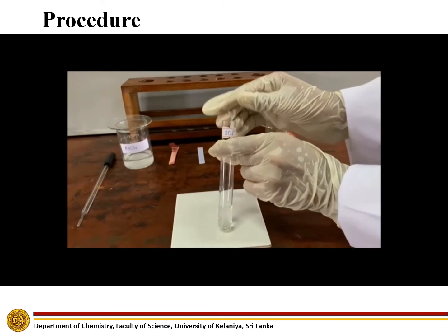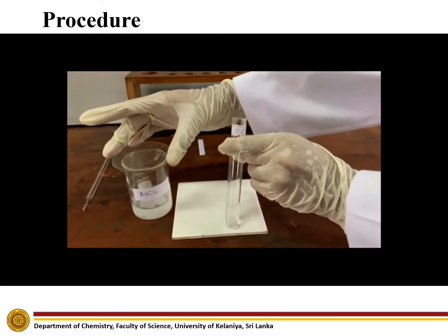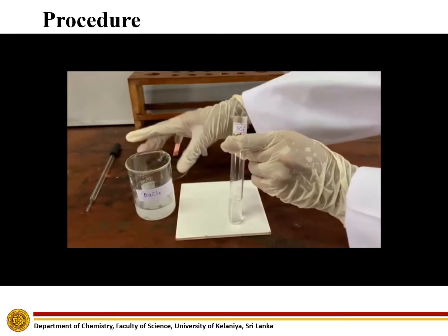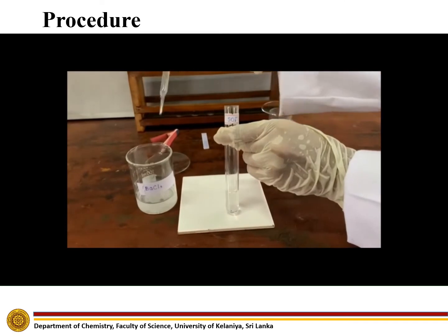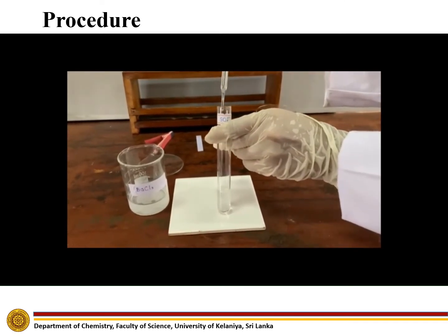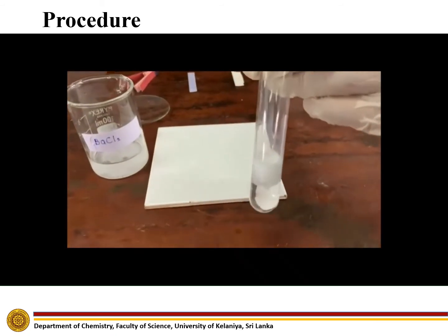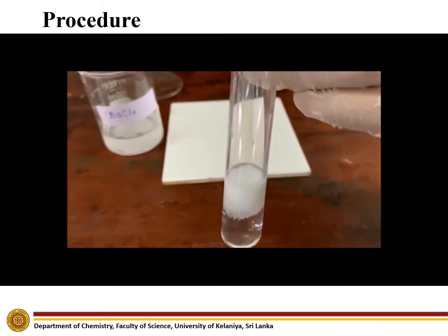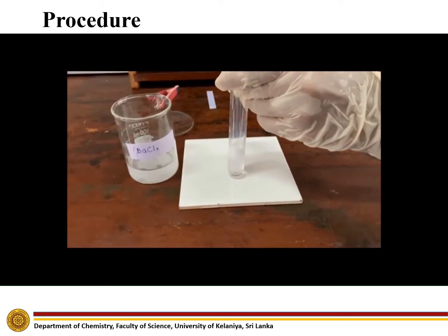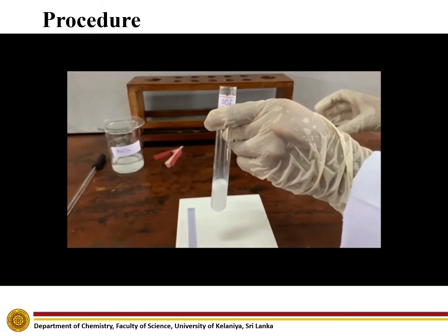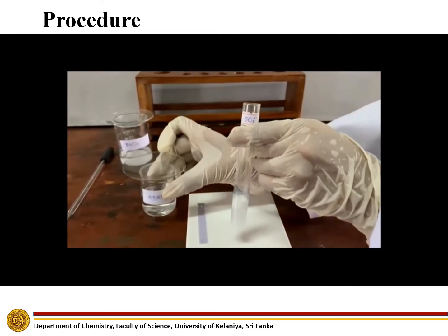You have been provided a sulfite solution. Add barium chloride to the given solution. A white precipitate is observed. Add a few drops of dilute hydrochloric acid.